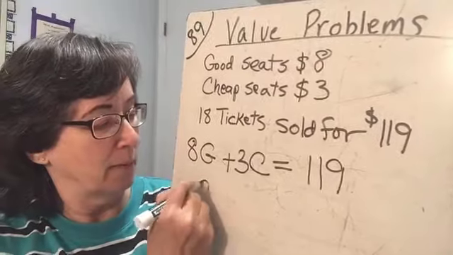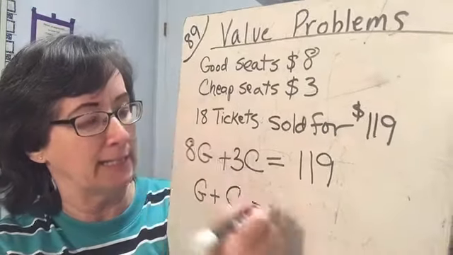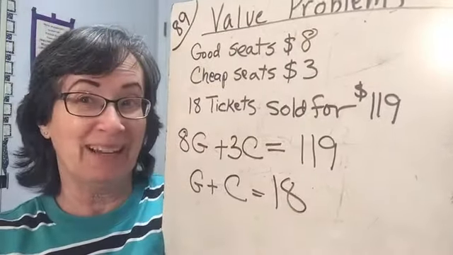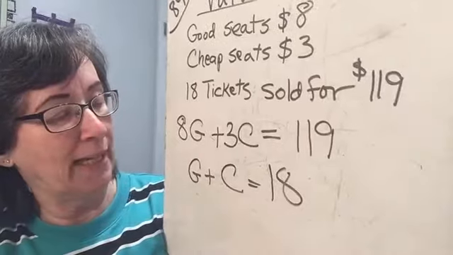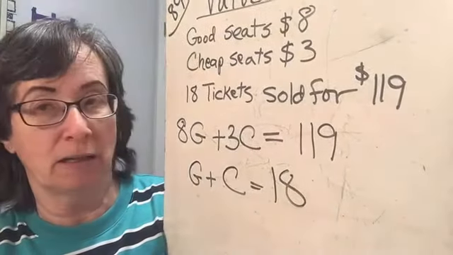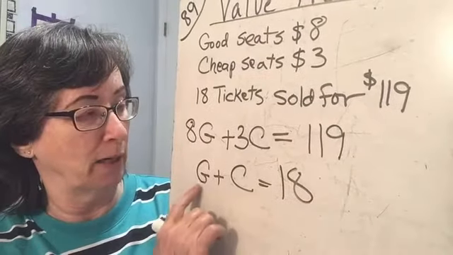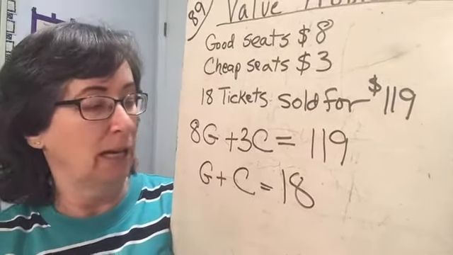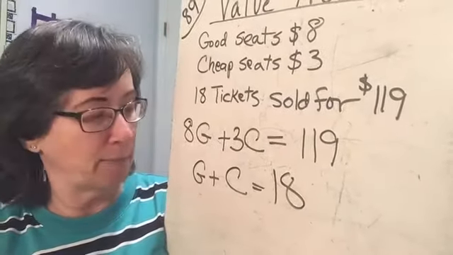And the number of good seats plus the number of cheap seats will equal the 18 tickets sold. Two equations, two unknowns. So now we can easily substitute. We could use our elimination if we wanted to multiply this whole thing by 3. But when you already have these singled out, it's usually easiest to use the substitution.